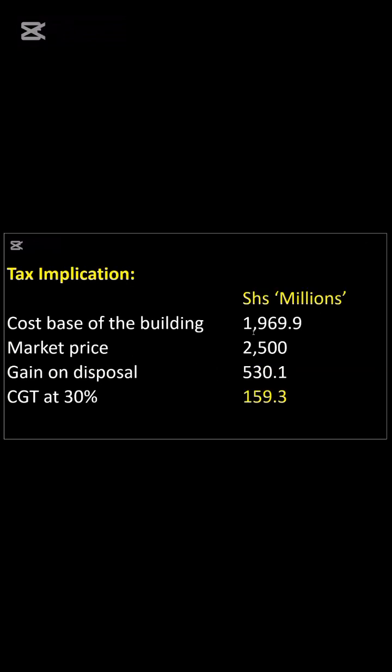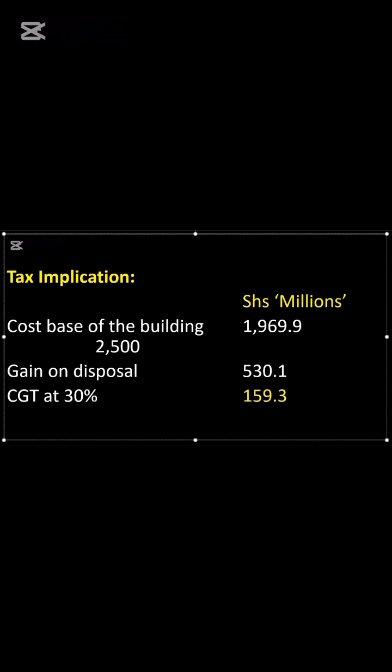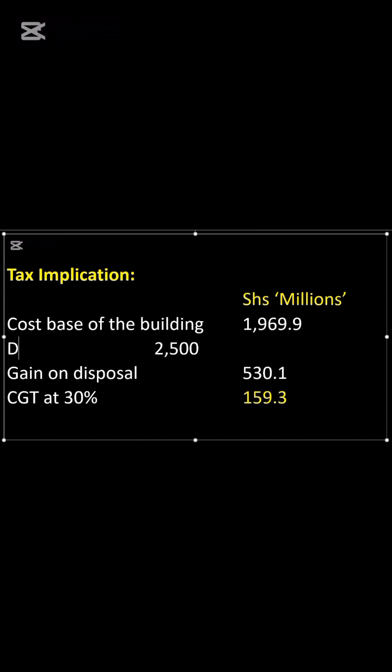So the cost of the building, the figure is here. Then the disposal proceeds. The disposal proceeds is 2.3 billion.